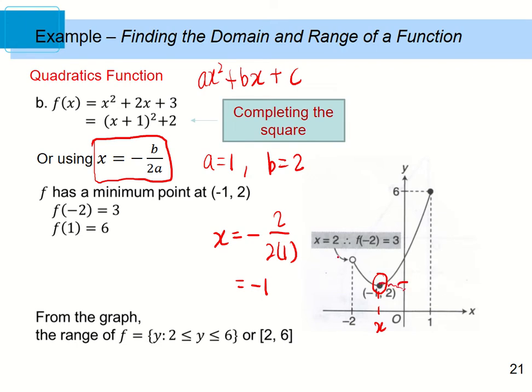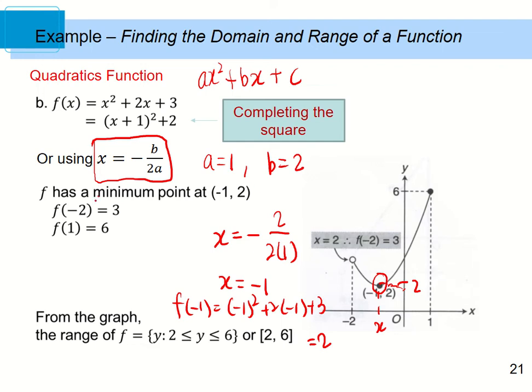So what is its lowest value? We are going to substitute the x into the function here. So f(-1) will be (-1) squared plus 2 times (-1) plus 3. And we will get the answer 2. So the lowest value of y is actually 2.